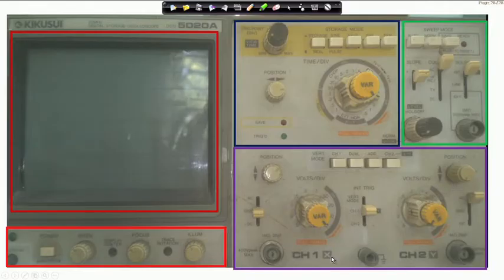This is for vertical control of the display, this part is horizontal control of the display, and this fourth block is basically trigger or sweep control of the display.